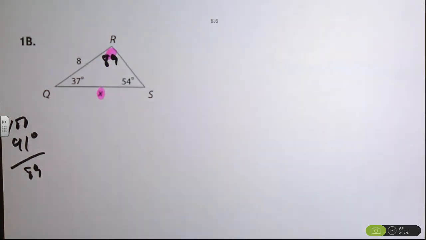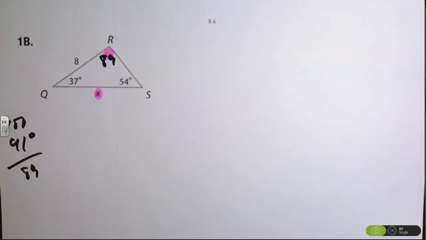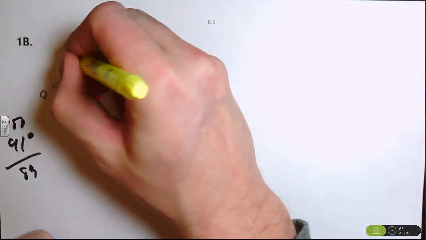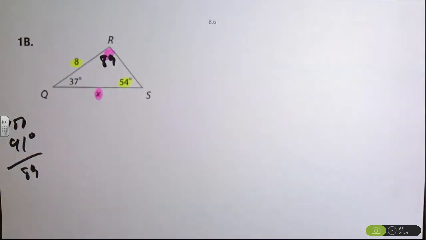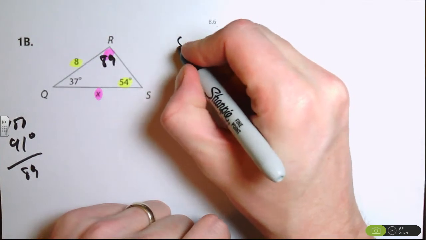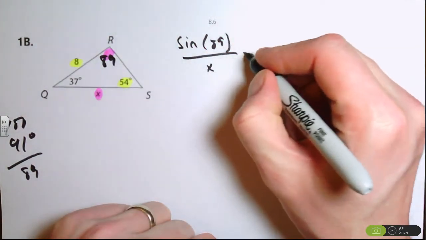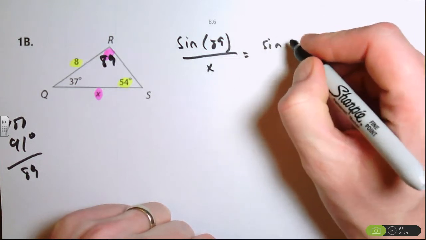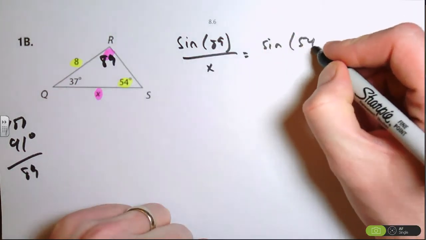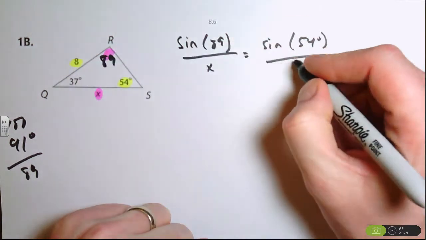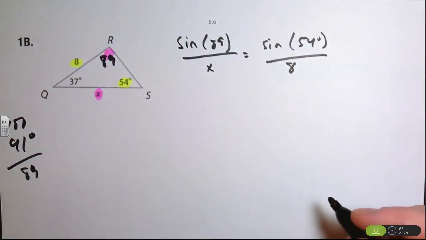So 89 degrees. Now that I know my angle and side pair I'm looking at, I can see, do I have another angle and side pair? Yes, I do: opposite angle, opposite side. So there's my proportion to set up using the law of sines. Sine of 89 degrees over side x equals sine of 54 degrees over 8. Now I can cross multiply.